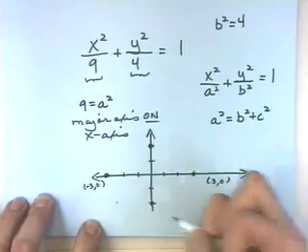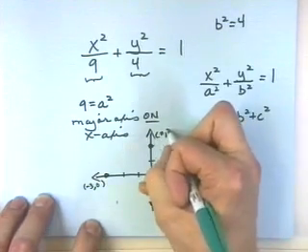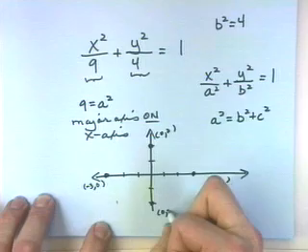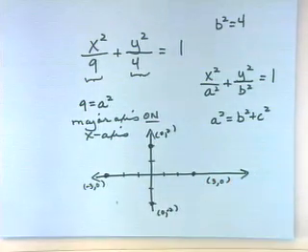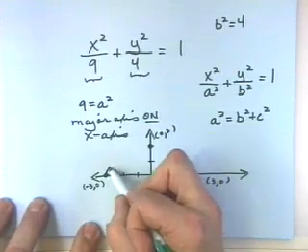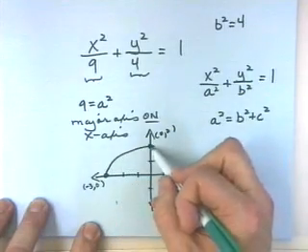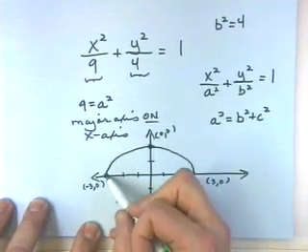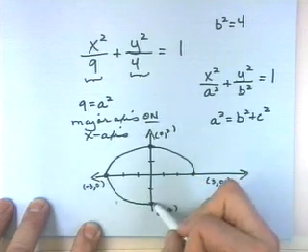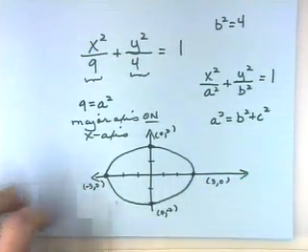Whole lot easier in developing the equation, isn't it? So we could get a picture of that ellipse in this fashion. We know what it's going to look like roughly. It's going to be here.